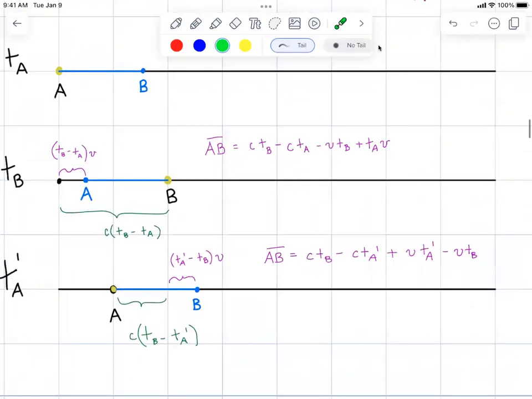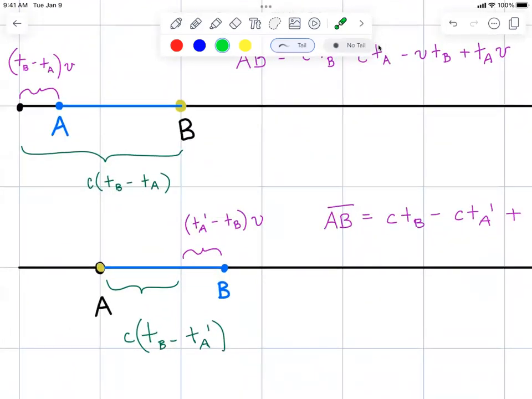That's because I made a mistake. The time interval is not TB minus TA prime over here. It should be TA prime minus TB because TA prime comes after TB. We want to use positive time differences, which is what we have always been doing.